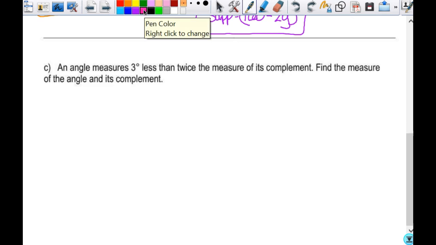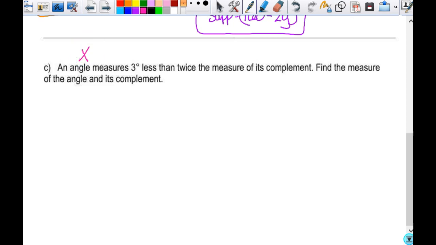So when it says an angle measures 3 degrees less, what do we represent an angle with? Look up at the top. An angle measure equals x. So it's 3 degrees less than twice the measure of its complement.